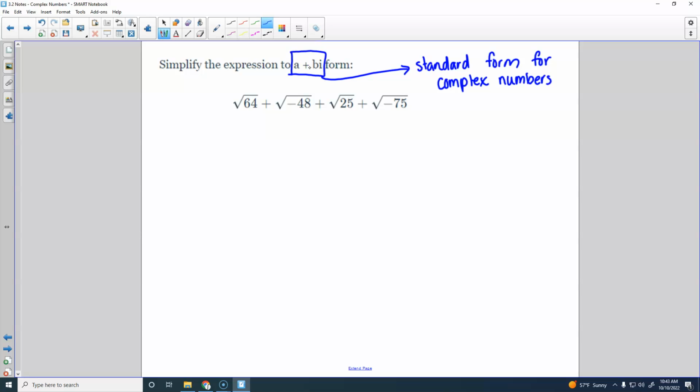So we're just going to go through and break all these down and see what we can combine. So square root of 64, Bo, what's square root of 64? Just 8, right? No square root at all. Let's see. Bailey, what does square root of negative 48 break down to? So what numbers could we multiply to get that 48, Bailey?